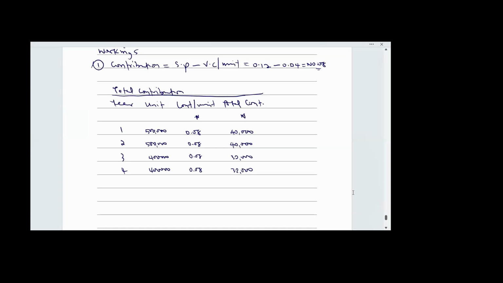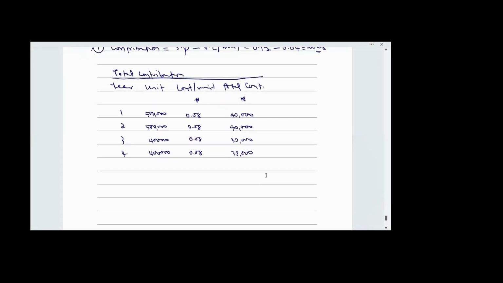Now that we have calculated the contribution per year, the next thing I need to do is to go back to the question to see if I'm given running costs. Yes, the examiner gives us running costs of 6,000, 6,575, 9,000 for the respective years. Since I have running costs, there is no need for me to use contribution alone. Therefore, I need to calculate net cash flow, NCF.